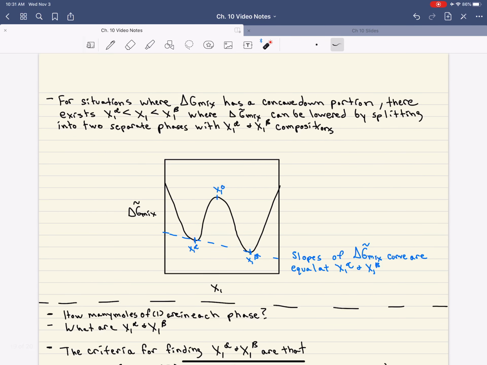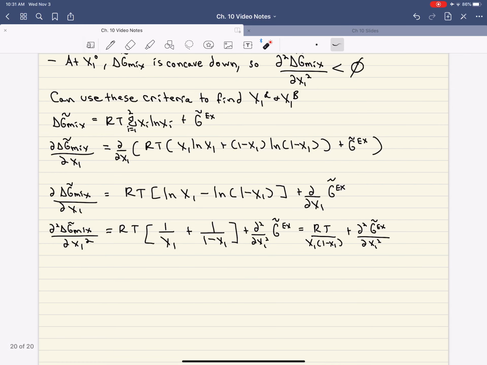And so what that tells us is that the second derivative of delta G mix needs to be less than 0. Okay? And so, in order for phase separation to occur in our system, this equation needs to be true. So criteria for phase separation.